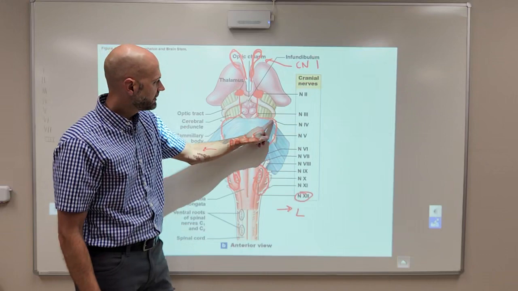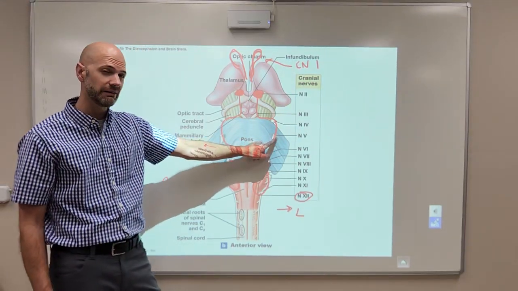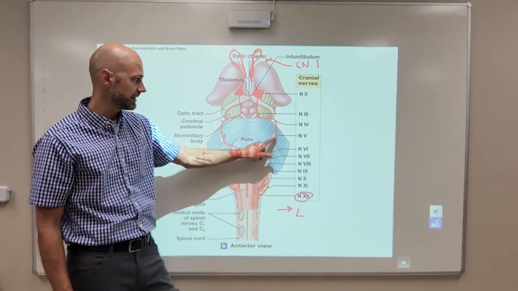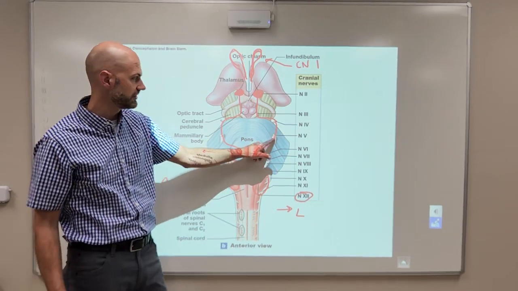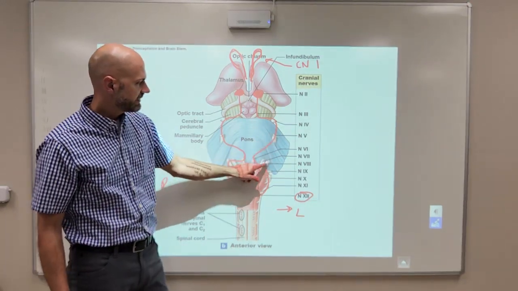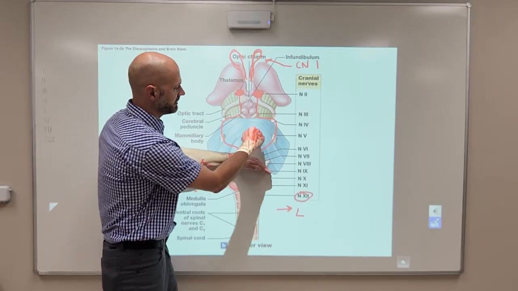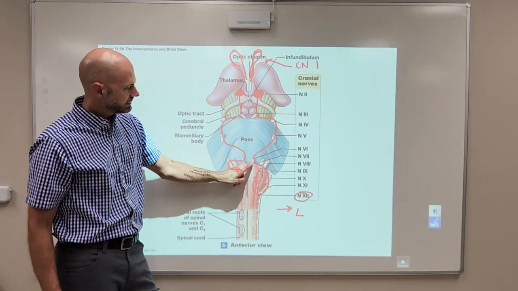So 3 and 4, and then 5 comes right off the middle of the pons. 5 is actually a big one. It doesn't look like it here, but the diameter of this nerve is quite large, called the trigeminal. 6, 7, 8, and 9 really are in the boundary between pons and the medulla.